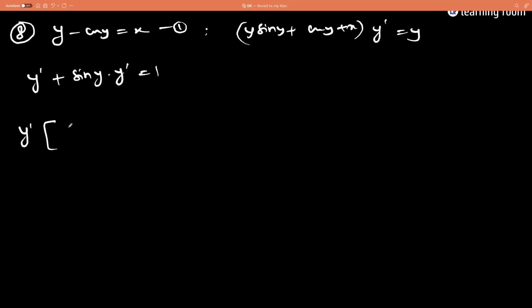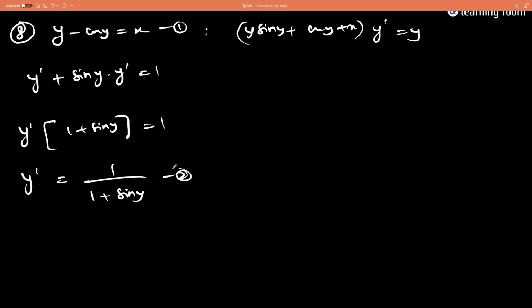So y dash into 1 plus sin y is equal to 1. So what can I write? y dash is equal to 1 divided by 1 plus sin y. Let this be 2.